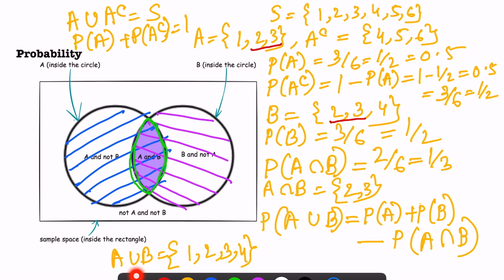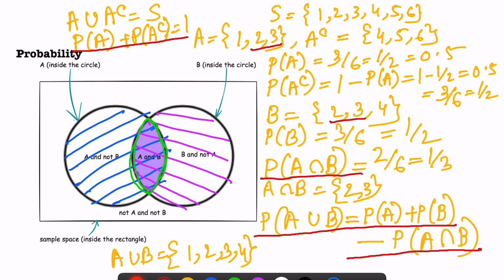So probability of A union B will be probability of A plus probability of B minus probability of A intersection B. Similarly, we also saw one more formula here: probability of A and probability of A complement. If we sum them up, we should get 1. So probability of A complement is 1 minus probability of A.